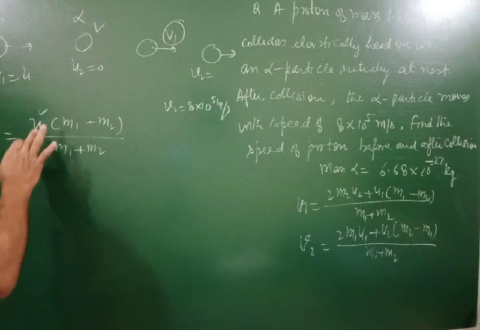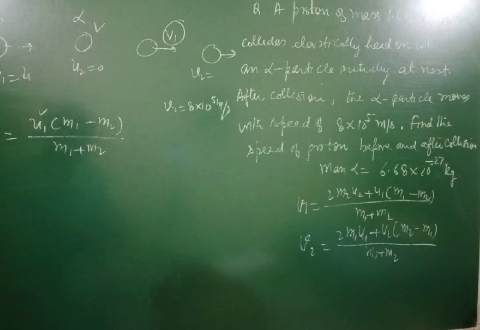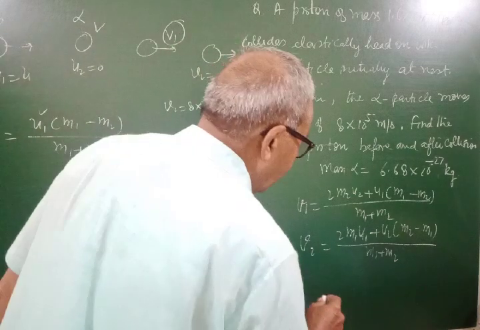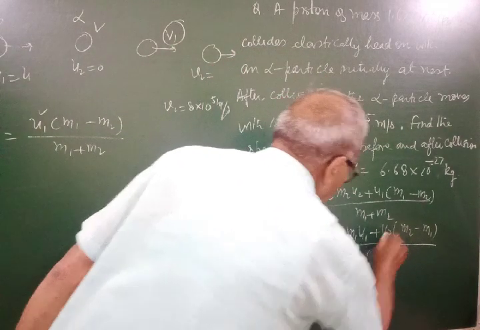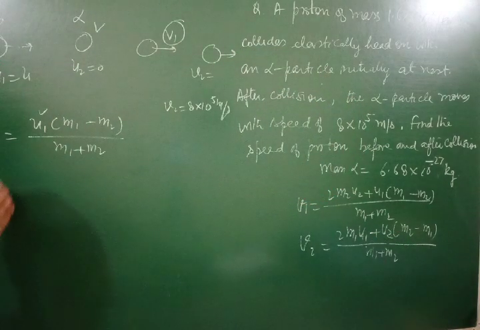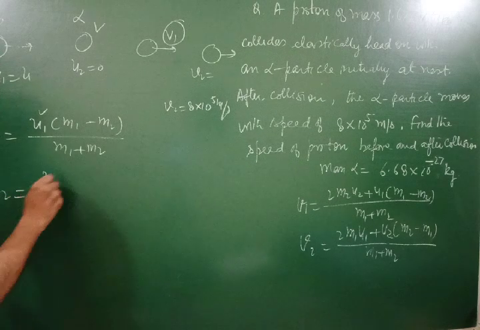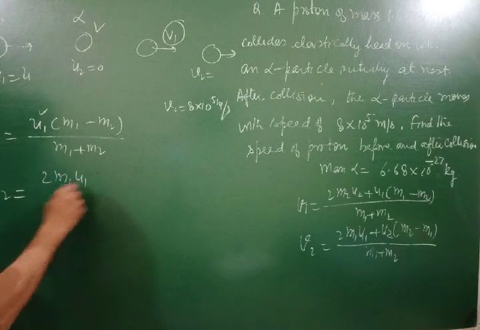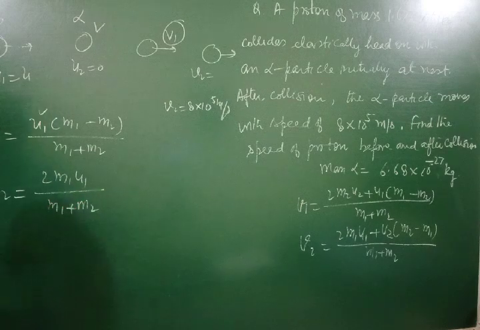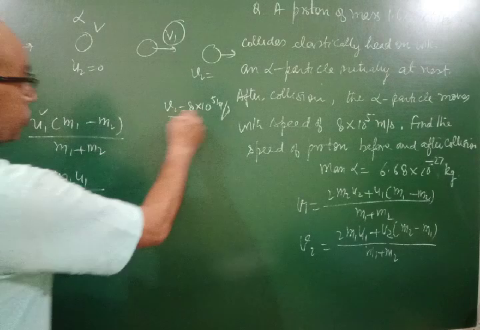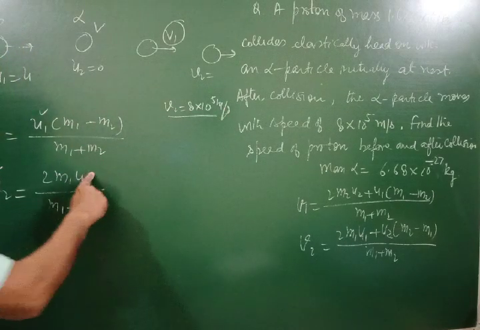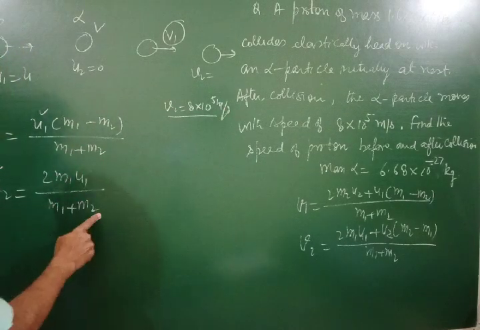And what will v2 be? When u2 is 0, v2 is equal to 2m1u1 upon (m1 plus m2). So v2 is given to you, this u1 you have to find out, and m1, m2 you know.